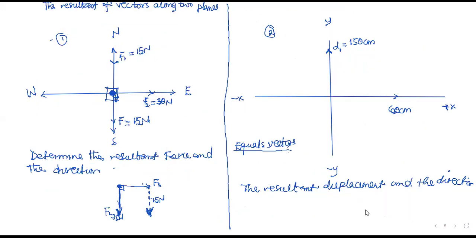The understanding will come. So you are given two vectors, one due south, one due east. First, help me determine the magnitude of the forces, of the two forces. It is obvious if you have a question like this, use Pythagoras theorem, because this is not a scaled drawing to use the triangle law of vector addition.